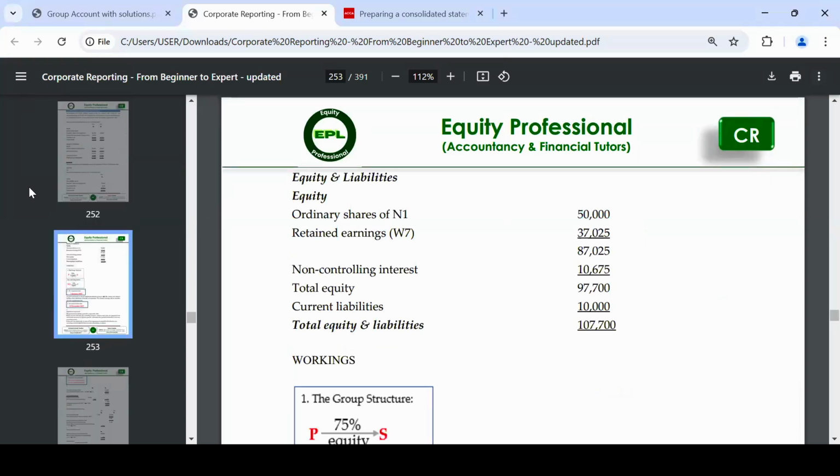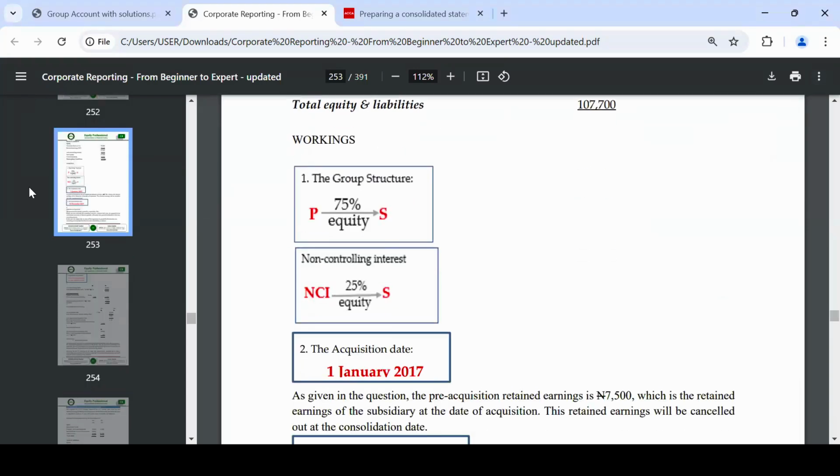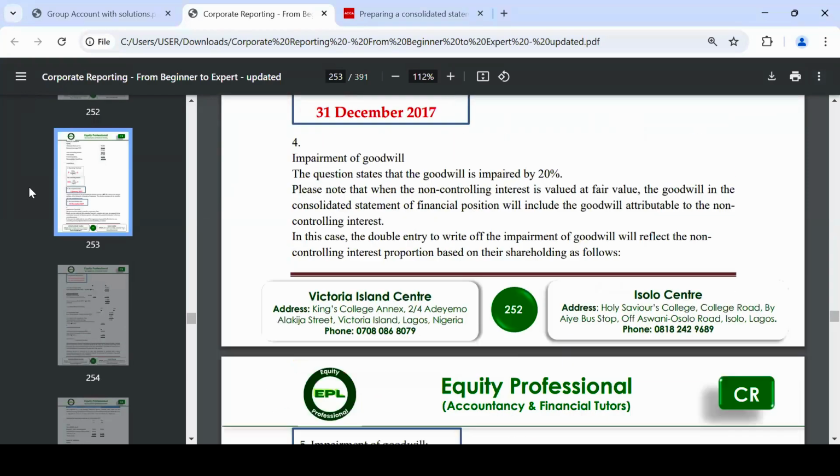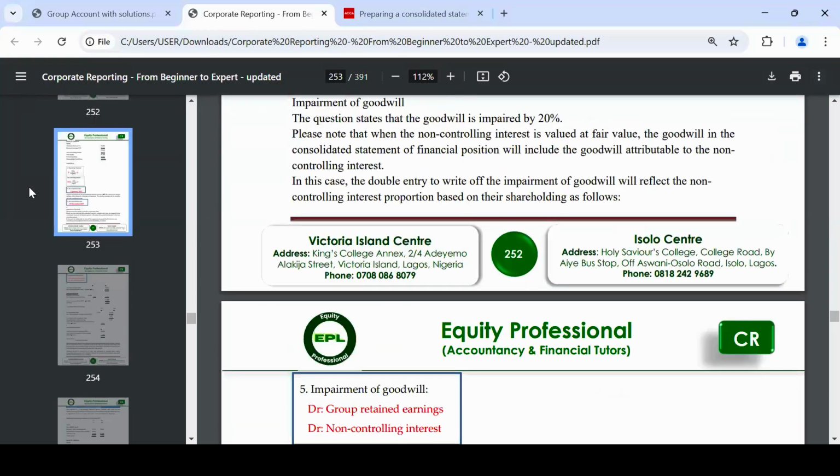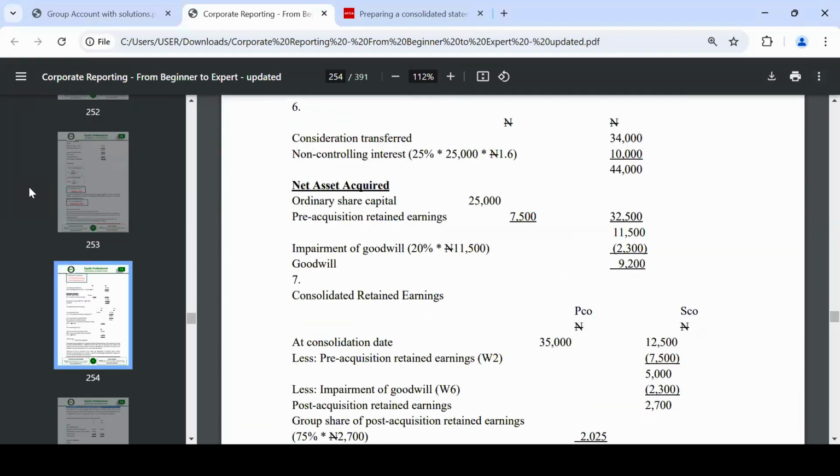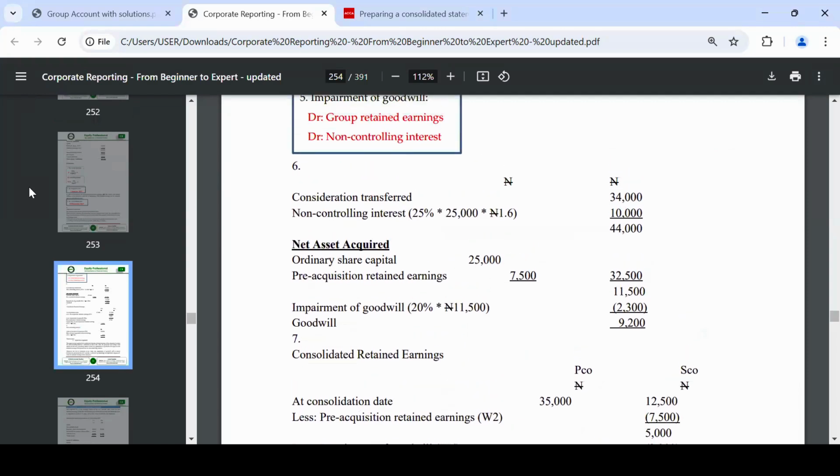Okay, now let's look at that. Let's just move on. Since this is just a revision of simple consolidation, let's see how goodwill was calculated. Now, if you pay attention well, you will see here that to calculate NCI in this case, we will say NCI owns 25% of the 25,000 ordinary shares.